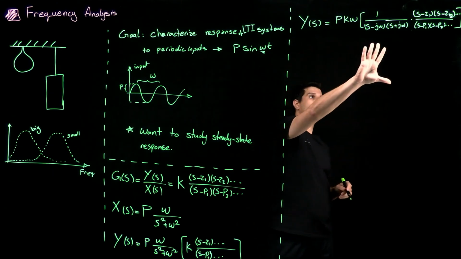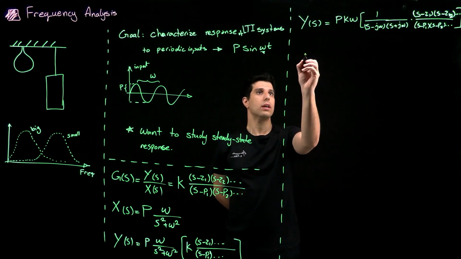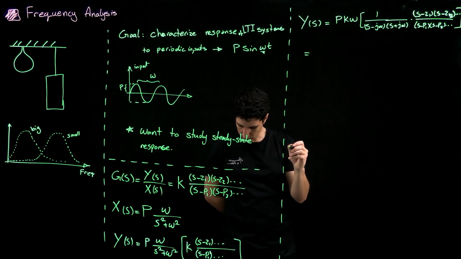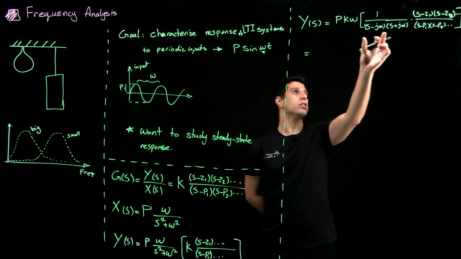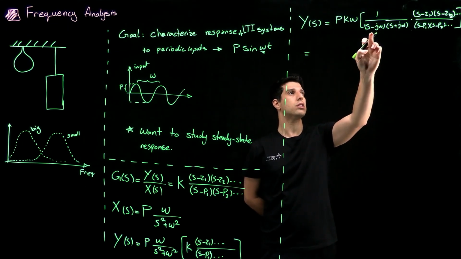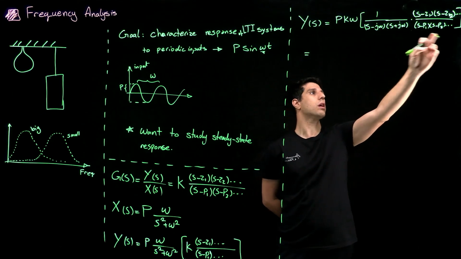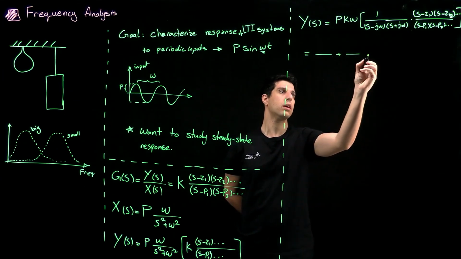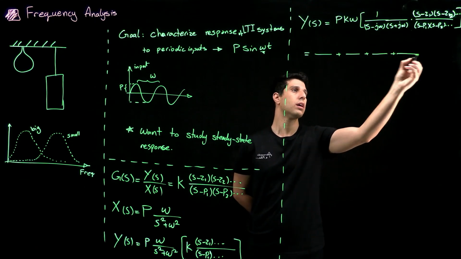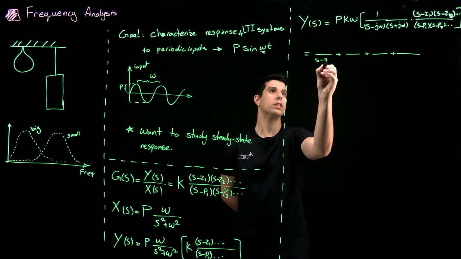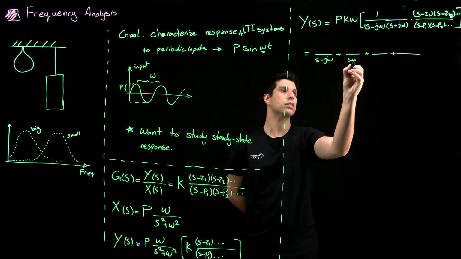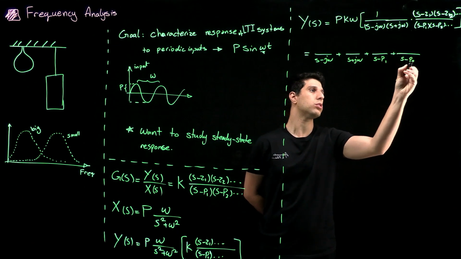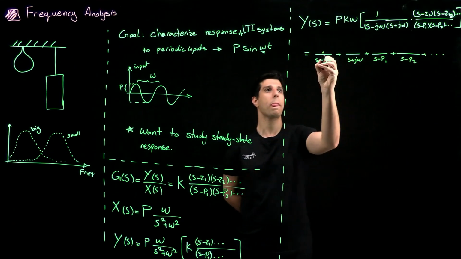If I want to solve for that, we learned we can do partial fractions. So I have a bunch of poles, minus j omega, plus j omega, and a bunch of p's. So in the end, I can write things like so, that I have s minus j omega, s plus j omega, s minus p1, s minus p2, dot dot dot.